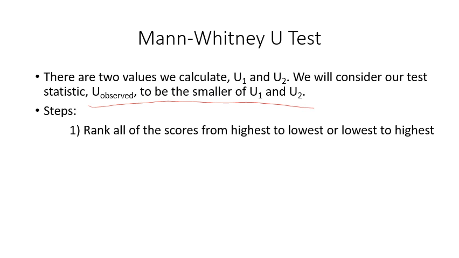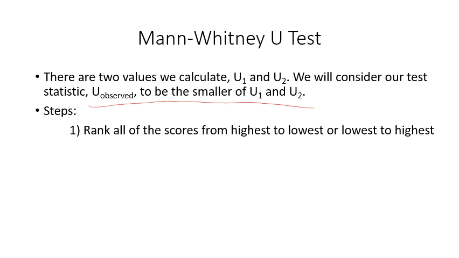The steps in doing this: first, you are going to take all scores in your distribution in both sets. So you've got two independent samples. Let's say we were using that example like hugs given from the quiz, and we've got father's hugs given and mother's hugs given.